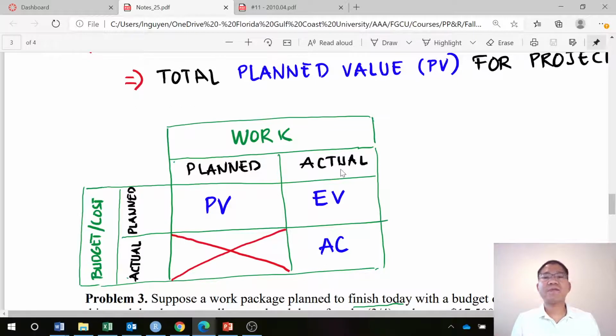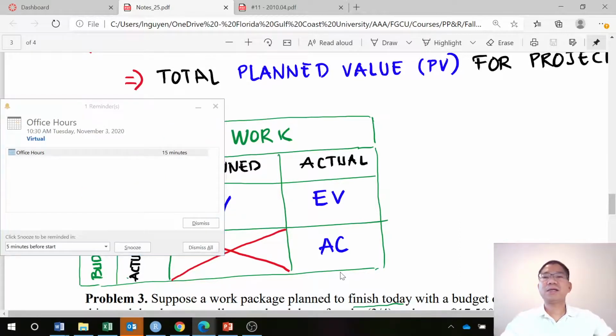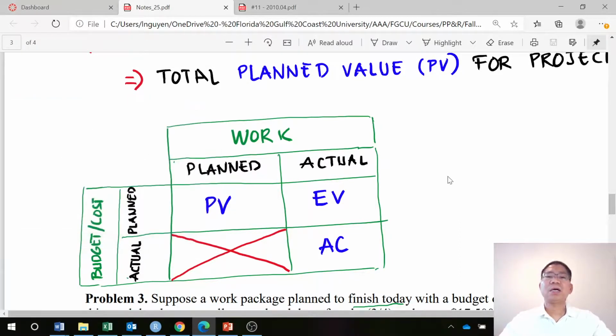And that earned value is not necessarily the same as the actual cost spent. If you earn more than you spend, so EV more than AC, then you are under budget. If you earn less than what you spend, EV less than AC, then you are over budget. So that is the earned value.